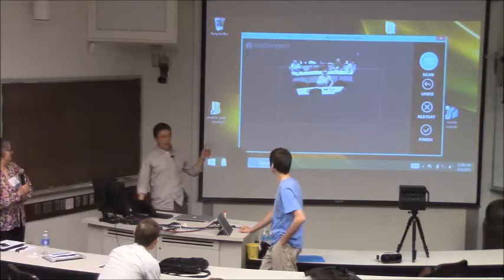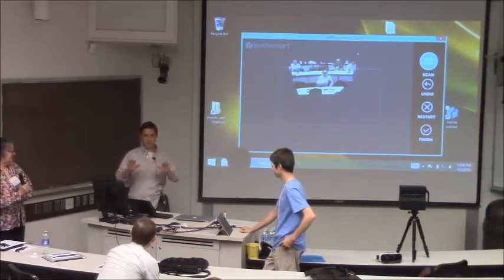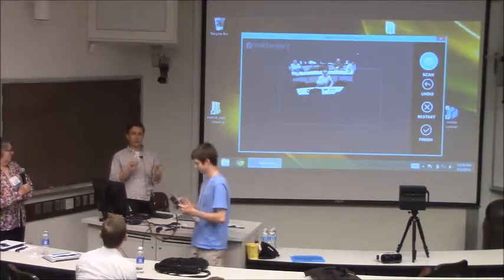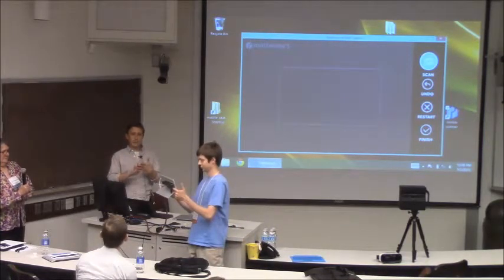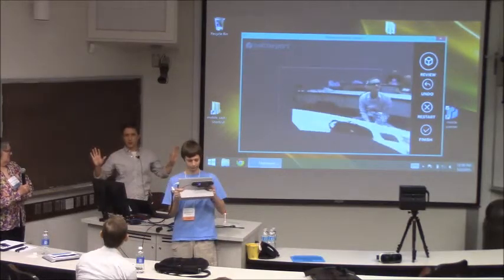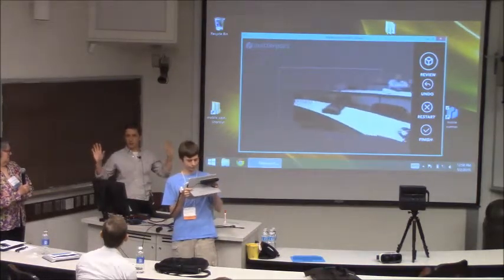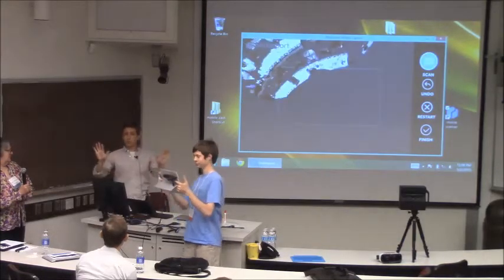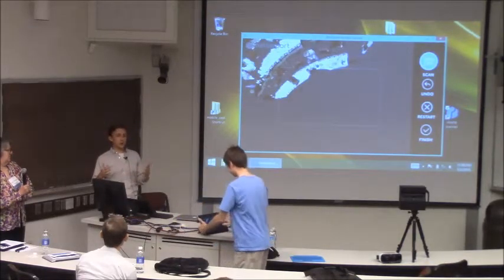I kind of hand-waved over this point, but there are actually two primary outputs for our algorithm. One is a panorama-based output. We project pixel-accurate panoramas, as long as you're at that center point, onto the mesh. The other is just the pure mesh view.